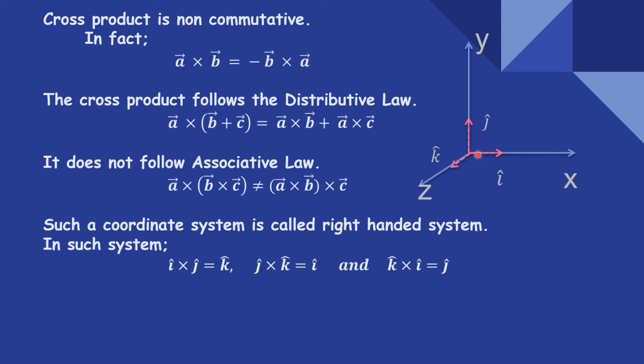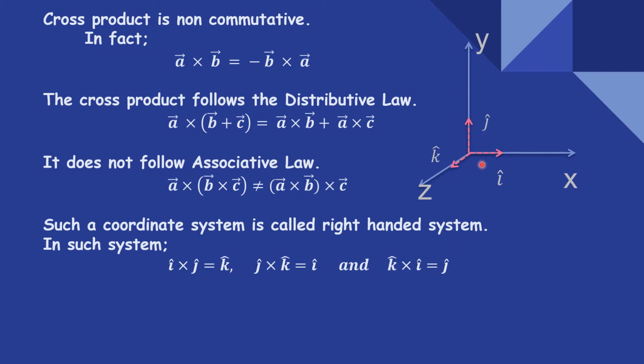The multiplication between these gives a vector which is perpendicular to both of these, and that is our vector k caret. So it means that i cross j is equal to k, and similarly for the other unit vectors, j cross k is equal to i, and k cross i is equal to j.